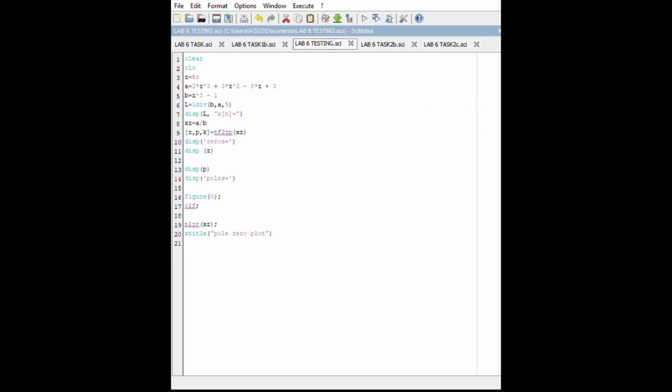So when we run this code, this is what it will generate. And for B and C, it is the same. We just have to change the numerator and the denominator right here according to the question.